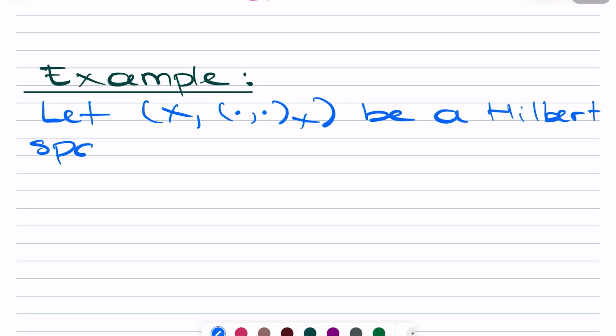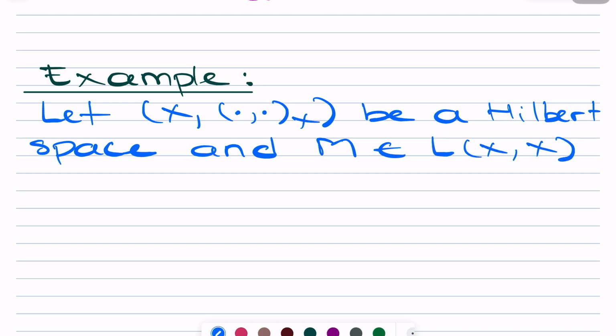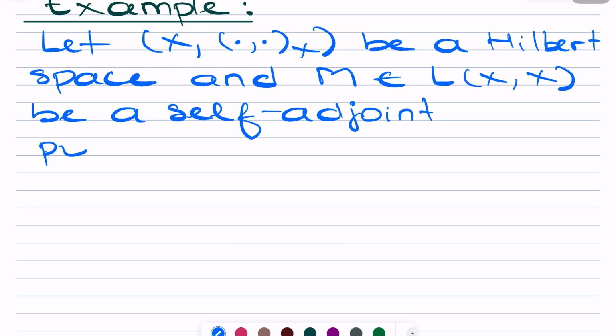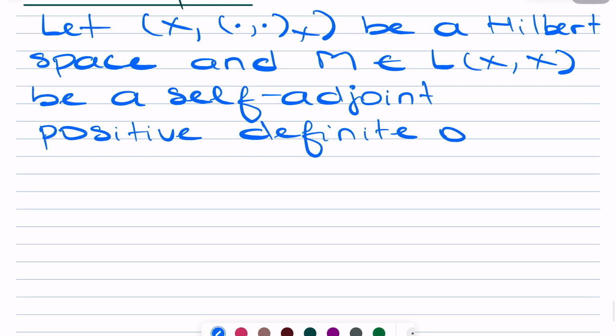So let X be a Hilbert space, and say you have M, a linear bounded operator, defined from X into itself, be a self-adjoint positive definite operator. Because M is actually a self-adjoint positive definite operator, it is invertible.